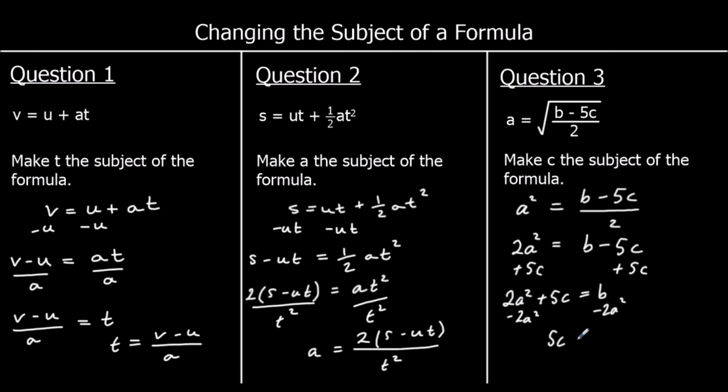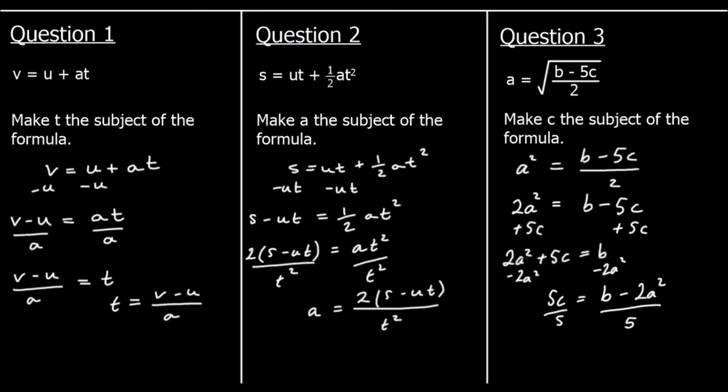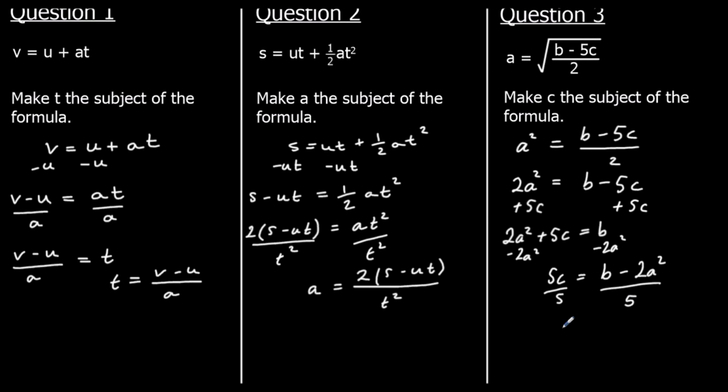So 5c equals b minus 2a squared. And then divide both sides by 5. So we have c equals b minus 2a squared over 5. If you did it the other way round, you'd get 2a squared minus b over a negative 5.